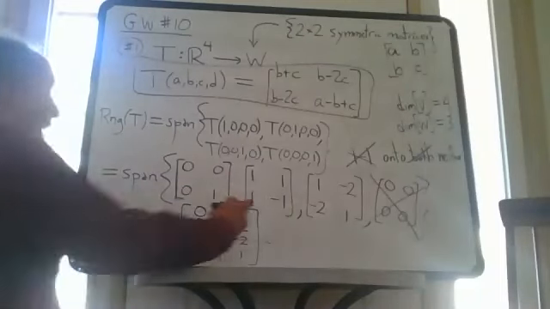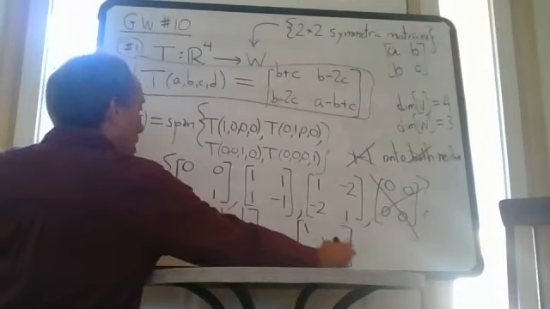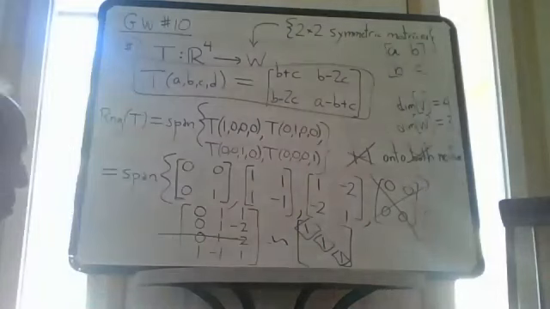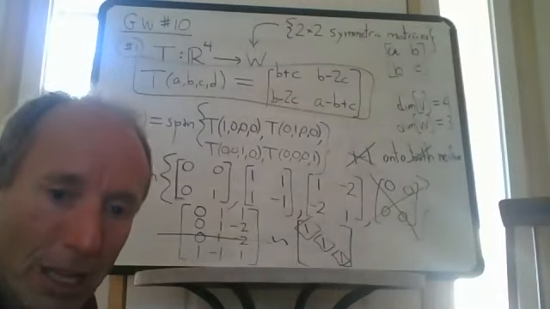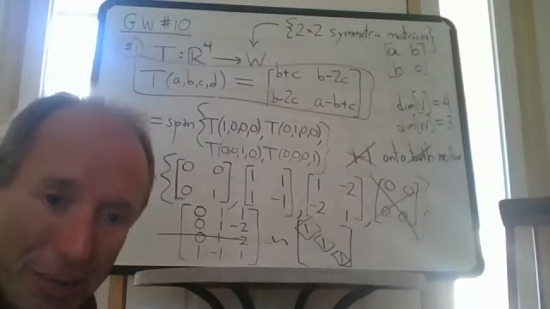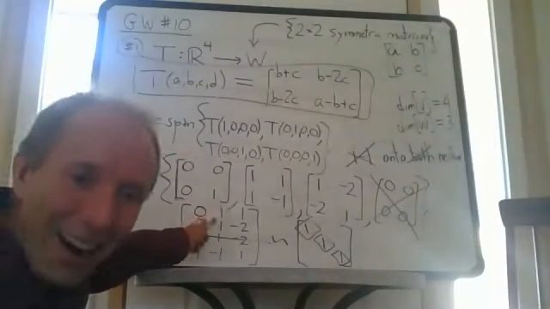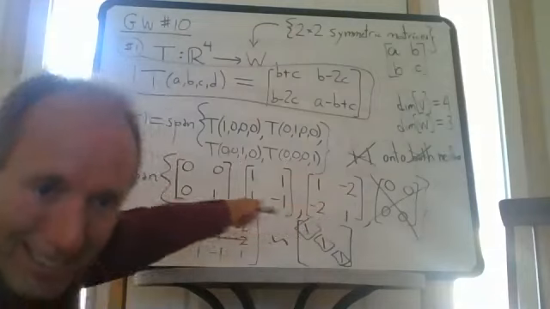All right, and then I'm just going to save you the headache. I'm going to just tell you that when you row reduce it, you are in fact going to get pivots going all the way down the diagonal. And that means that there's no free variables. And that means that these matrices are in fact LI. So there's three of them here, right?